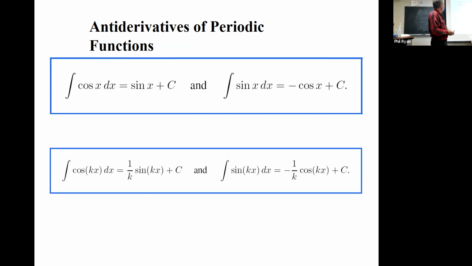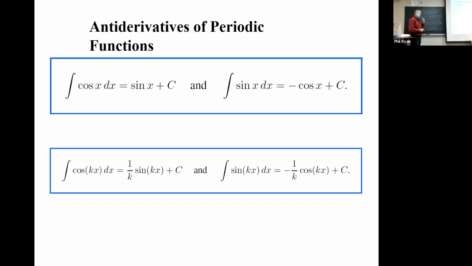Okay, now this always causes people grief. There's always someone who messes this up. Let's think of trig functions. Now, we know that the derivative of sine is cosine, and the derivative of cosine is minus sine.